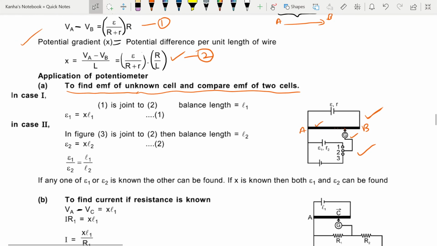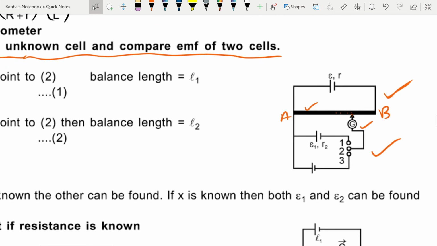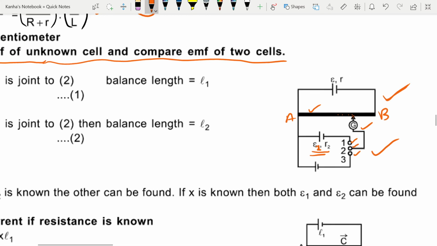Okay, so there are 2 cases. In case 1, you are supposed to find the unknown EMF of this cell. Let's say this has an EMF E1, and the other has E2 with internal resistance R2. You have the point 1, the point 2, and the point 3, where you can attach the galvanometer.